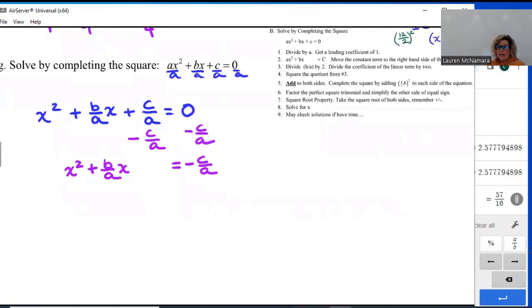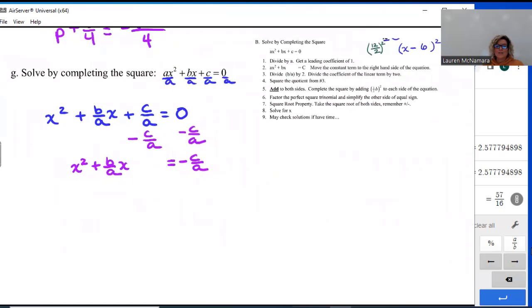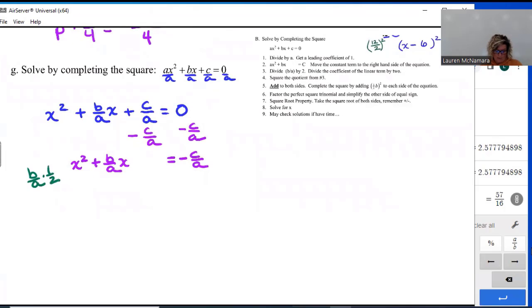Now I left a space. What do I have to do? In order to fill in that space, I need to take the coefficient, b divided by a, and divide it by 2, which is the same thing as multiplying by 1/2.